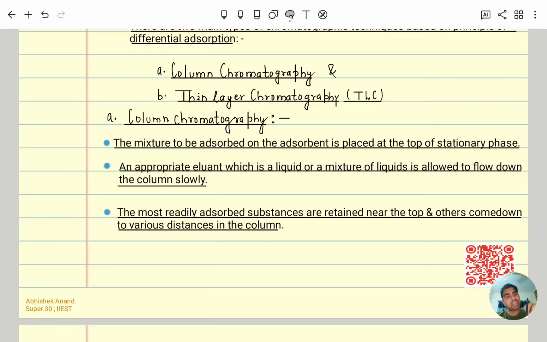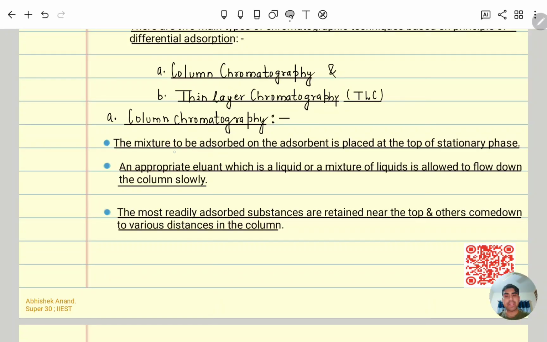According to that, different degrees of adsorption will happen. The mixture adsorbed on the adsorbent is placed on top of the stationary phase. As we put it at the top, it will go down due to gravity. Due to the different degrees of adsorption, different marks will come.